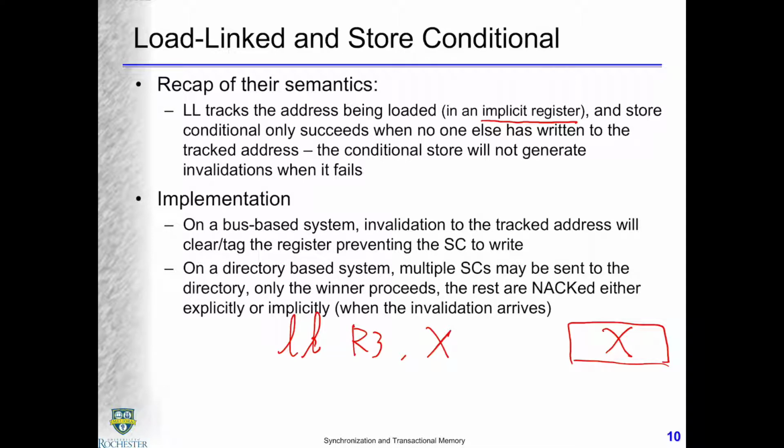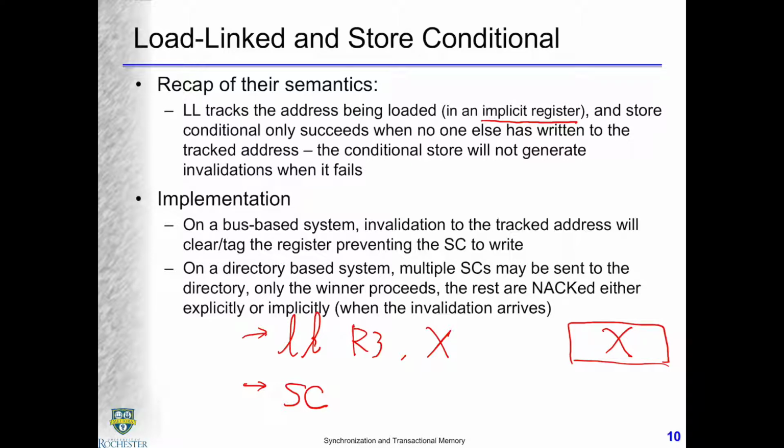Okay, and why do we remember this address? Because we're going to monitor if anybody else has written to the address X. If not, then that's great. Then if you have a subsequent store conditional, we will allow you to actually store. But if someone else has written to the address in between the load linked and store conditional, then we will notice that by checking this register, the link register, the implicit register.